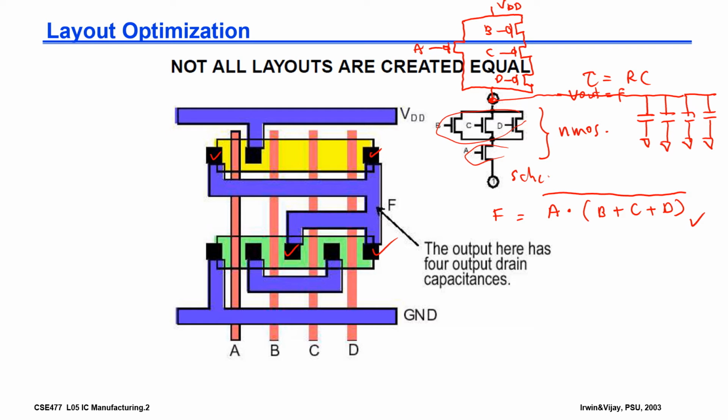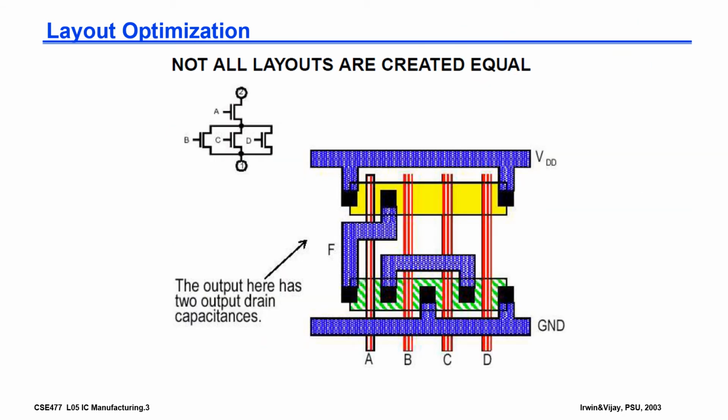So over here, C is equal to 4. It means that the delay will be higher, so you do not want this. You want to reduce the delay of your circuit, right? So how to reduce that? You can redo the construction of this layout. Maybe go to the next slide.